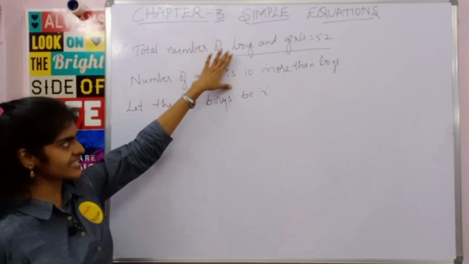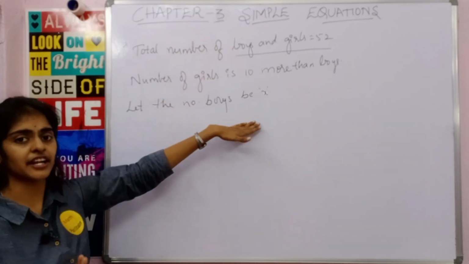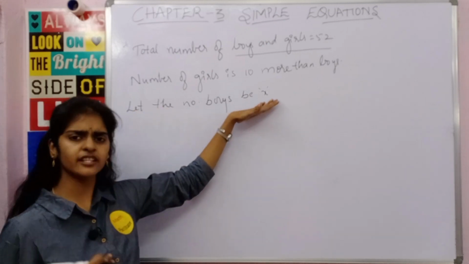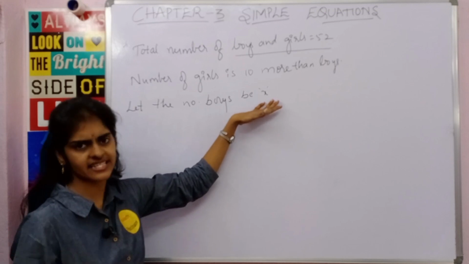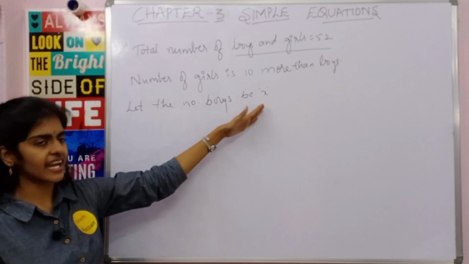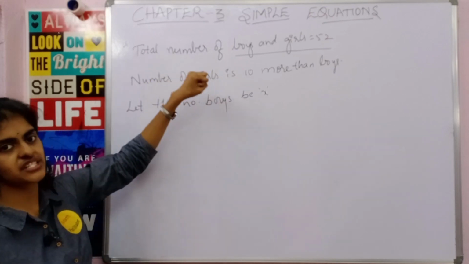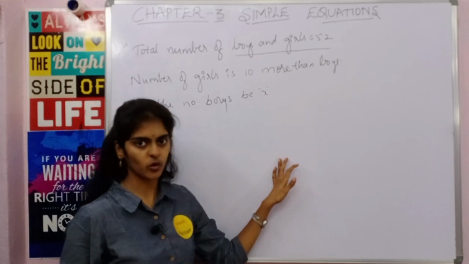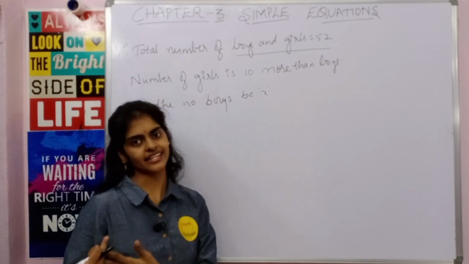Then identify what you have to find out and write the unknown quantity as some letter, a variable. After that, write the conditions given in the question in algebraic equation form, then solve and check your answer.